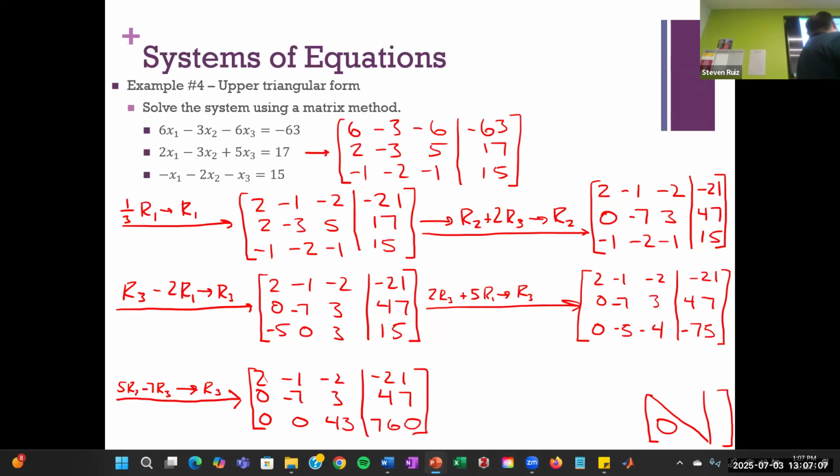I think that's what I got. But 43 doesn't go into 760 evenly, so I feel there's probably a mistake somewhere. If anybody sees it right off the bat, let me know.